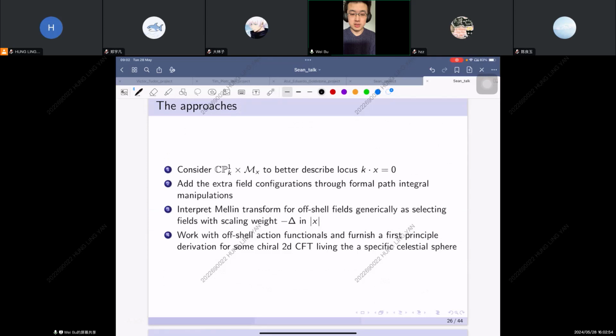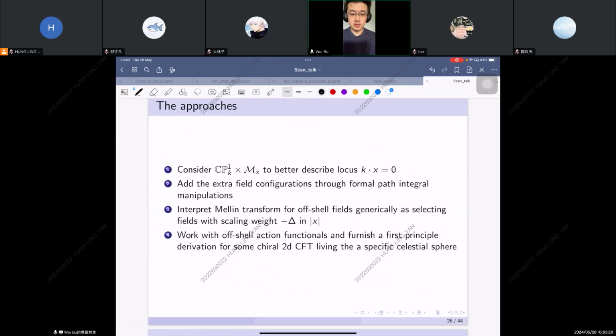And then to prepare ourselves for these arbitrarily singular on-shell field configurations in the QFT, you need to actually allow these extra field configurations. And in QFT, as you know, the space of on-shell configurations has to be compatible with boundary conditions and gauge transformations, like in Dirichlet, for example.